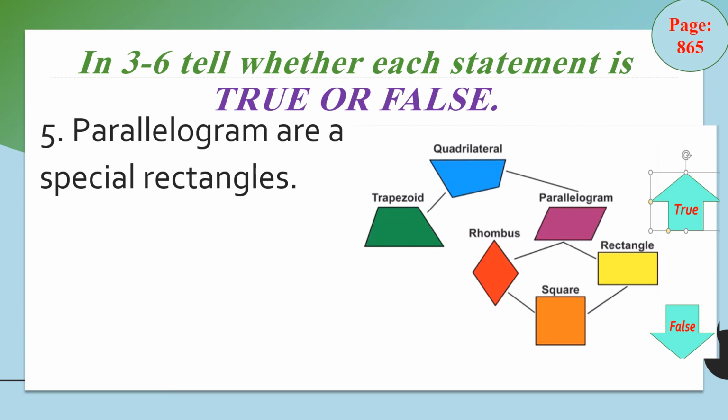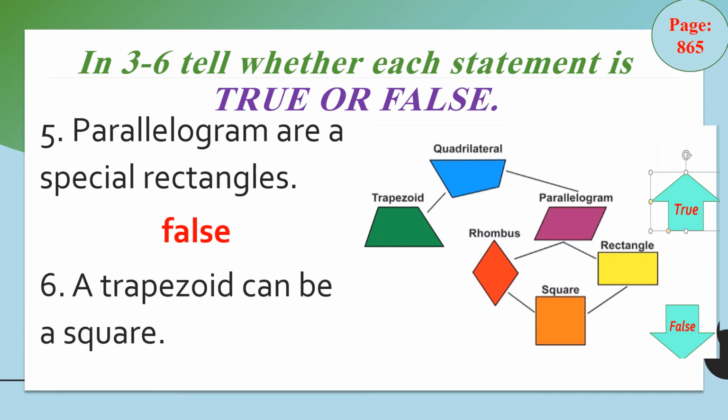So is the statement true or false? Yes, the statement is false. Now next problem. A trapezoid can be a square. Now see, trapezoid and square, are they related? No. So will the statement be true? No. So it is false.